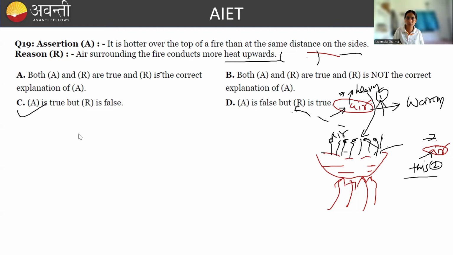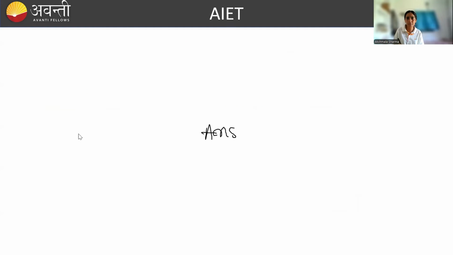But to me it feels correct, because the explanation reduces to air surrounding the fire conducting more heat upward. But again, it may be wrong because it is talking about air conducting heat, not about the process. Anyway, here it's C. But I have explained what is happening over here. So the answer given is C.